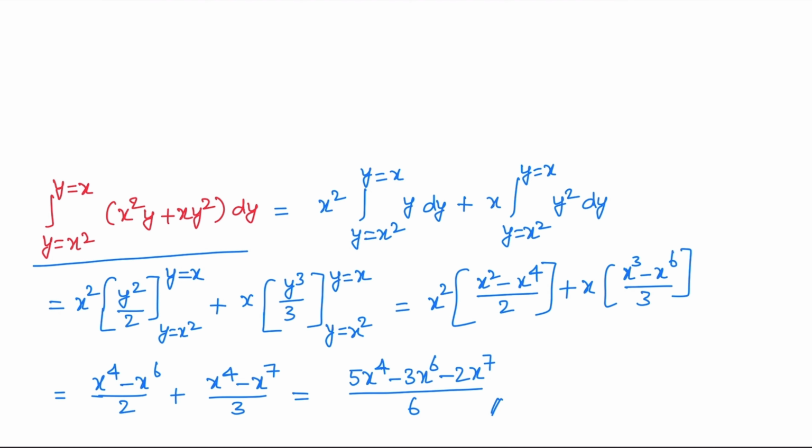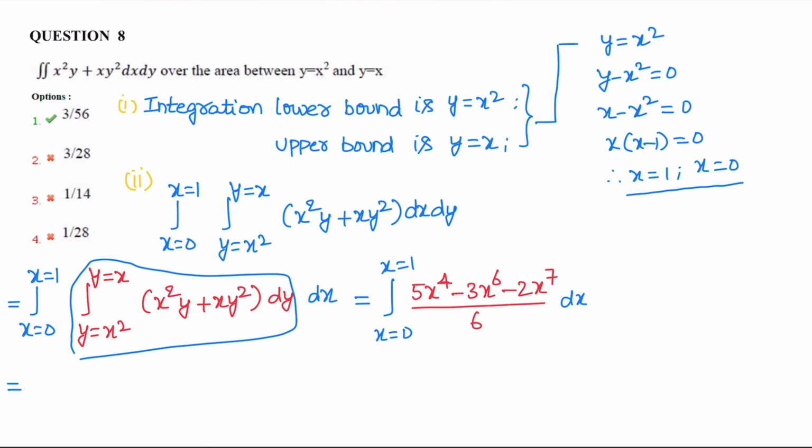The value of this integration is this one. Substitute this value here. We will have integral x is equal to 0 to x is equal to 1, 5x power 4 minus 3x power 6 minus 2x power 7 divided by 6 into dx.